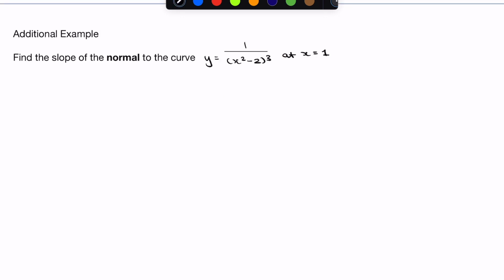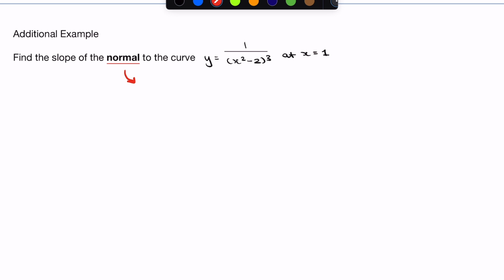Okay, I would like to look at an additional example as well. In this example, it says find the slope of the normal to the curve y is equal to 1 over (x squared minus 2) to the power 3 at x is equal to 1. So a little bit of vocabulary here.